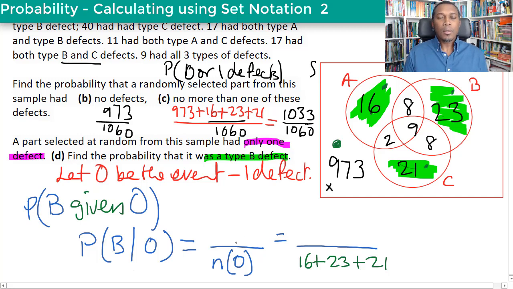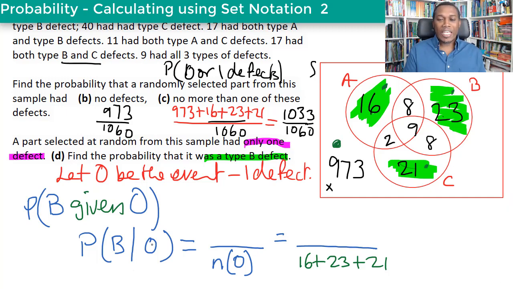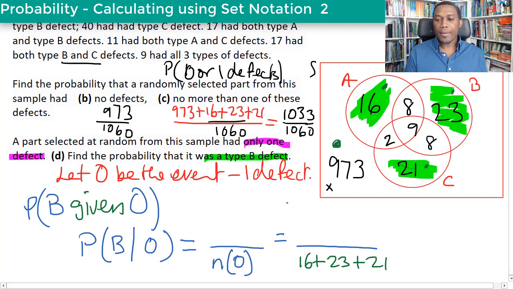And then what about the numerator? What are we going to count? Note the terminology is in B given O. We want the set of elements that are in B that are also in O. So the numerator is going to be one of these numbers we have to count: 16, 23, or the 21.